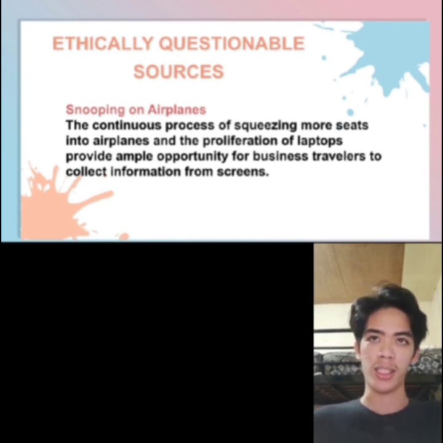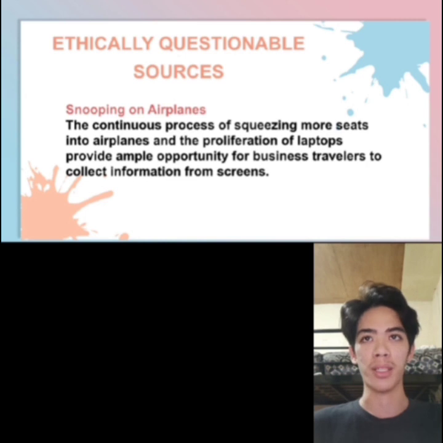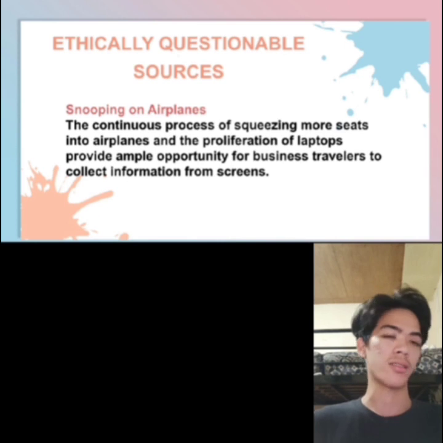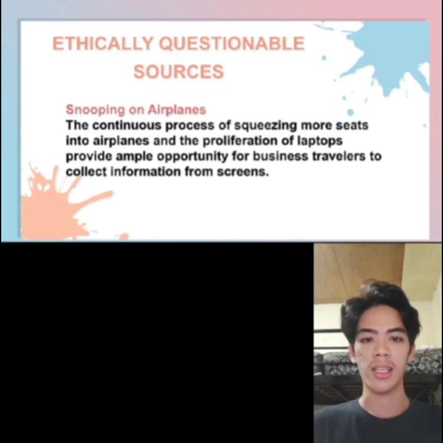Sabi nga dito na 'pag nasa eroplano tapos maraming business traveler gano'n, yung pagtingin mo lang sa laptop ng katabi mo, sa ginagawa ng katabi mo, parang unethical siya na gawin na source of information sa competitors. Ayun nga, when looking at someone's computer and stealing their marketing plans. Ayun, maling-mali yun. Parang ang unethical nun, hindi siya magandang source ng information dahil parang dirty work as a competitor. Ganun.